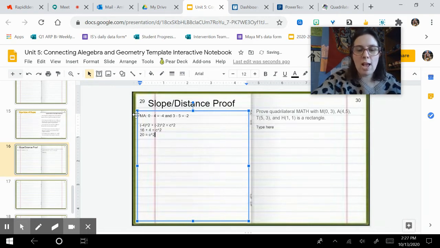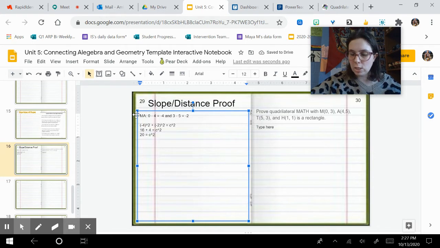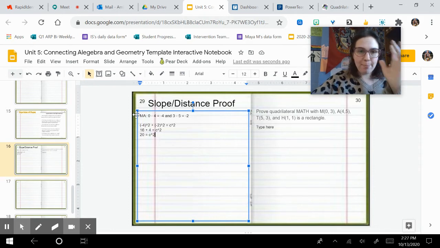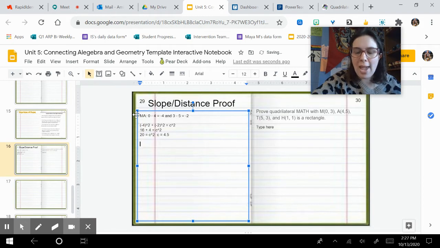To undo the c squared, we have to square root it. So we square root 20, and that is 4.5. I usually round to the first decimal. Okay, 4.5.